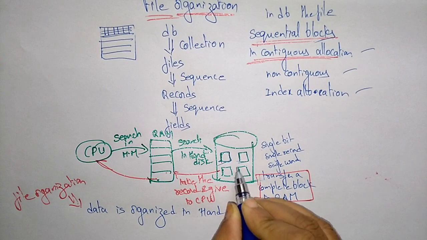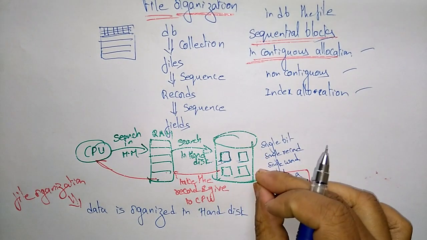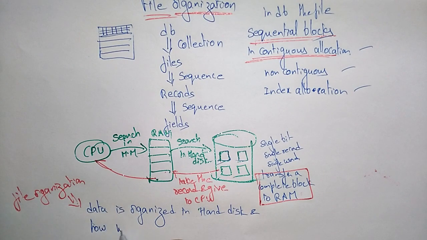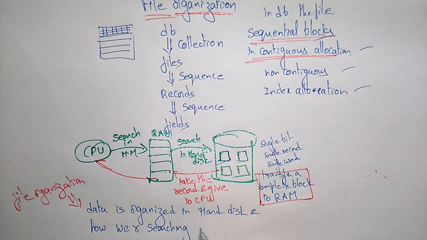So this is the hard disk: how the data is organized in the hard disk, and how we search for a record in the hard disk.